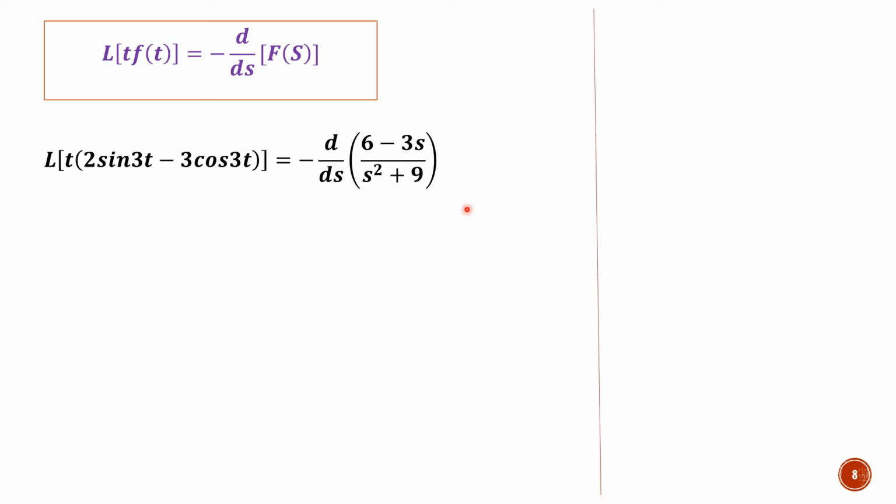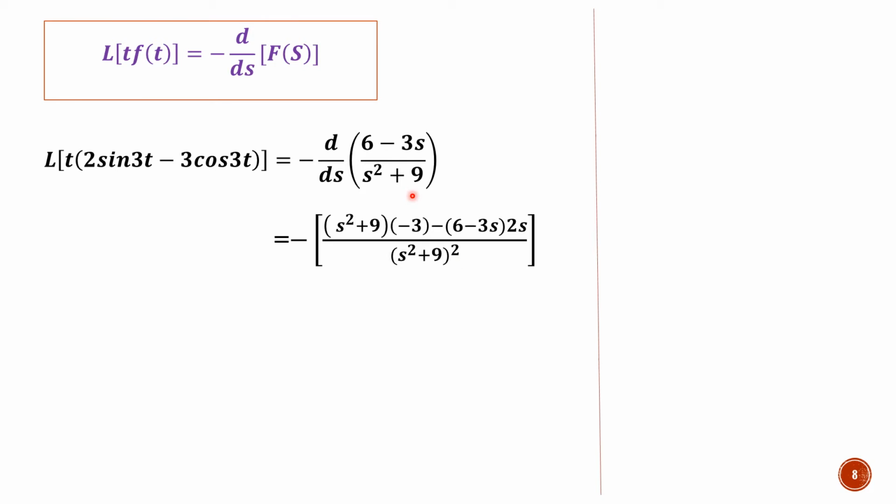Differentiating this function once by using again the u by v method, the minus sign will remain as it is. Again v into du. So s square plus 9 into the derivative of the numerator, which is minus 3, minus u into the derivative of the denominator, which is 2s, upon denominator square.